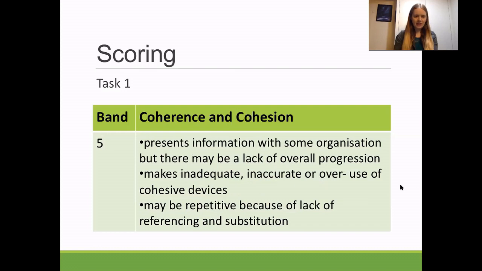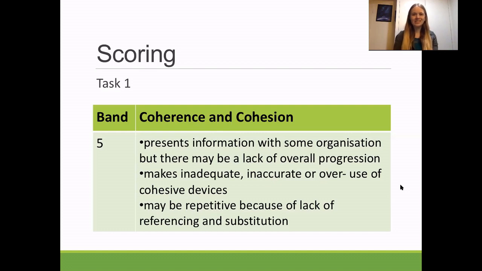A score of 5 would mean that you present your information with some organization, but there's a lack of progression. So it's organized, but they're not really seeing you move from the beginning of your essay to the end of your essay in a clear and logical way. Another thing for a score of 5 would be making inadequate, inaccurate, or overusing cohesive devices.